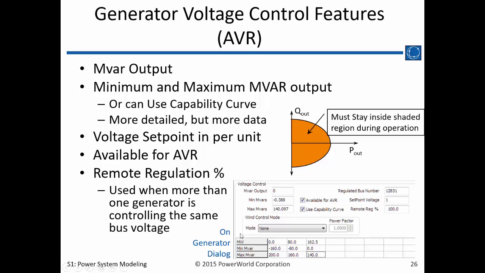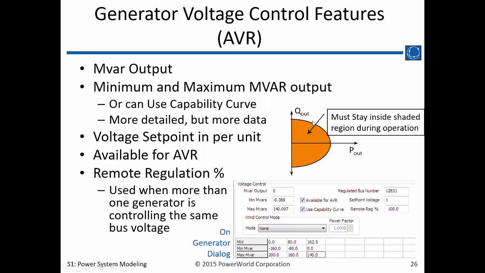And then this section down here is where you would supply piecewise linear segments that would define a capability curve if you want to do that. So you would say at 0 megawatts, it's minus 160 and 200, for example. And then if you go out to 80 megawatts, it might be minus 80 and 160.